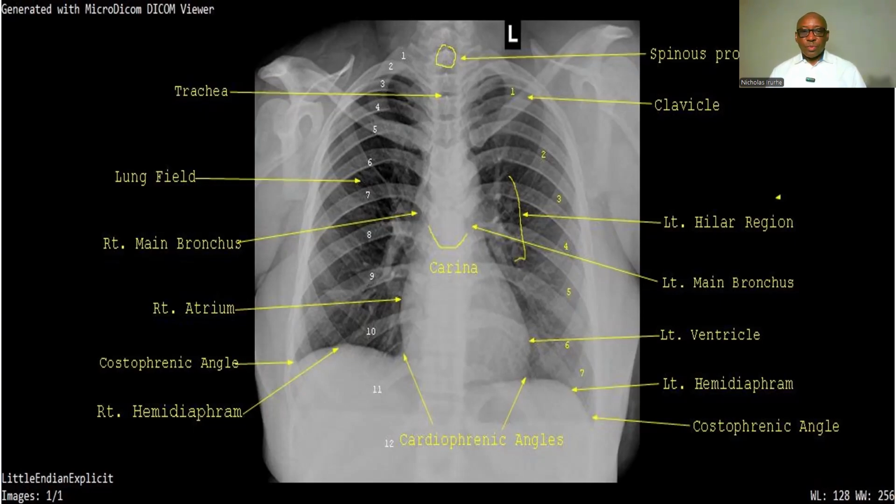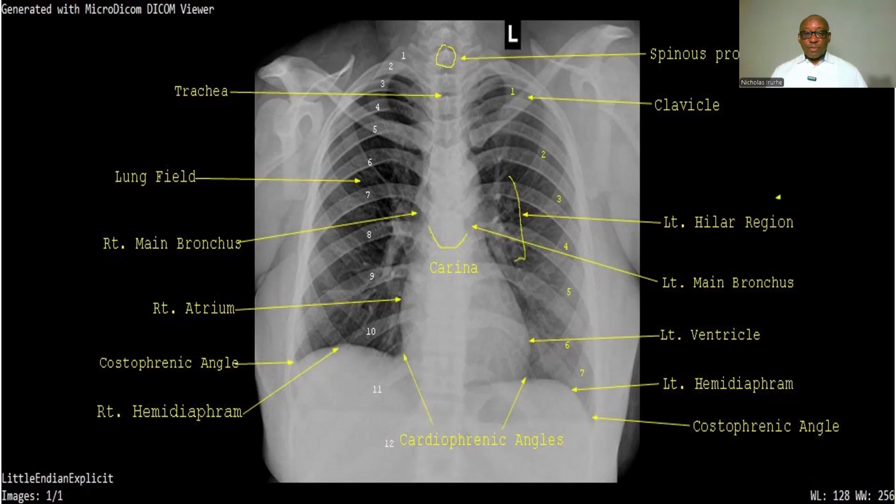What we need to know first is that when you talk about radiograph, we usually refer to those images that are dark or white, that is lucent or opacity.